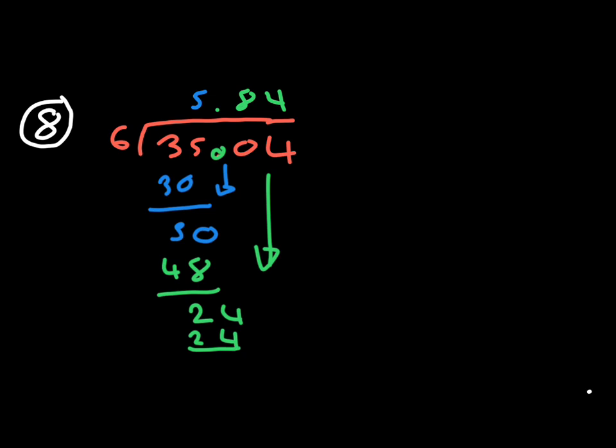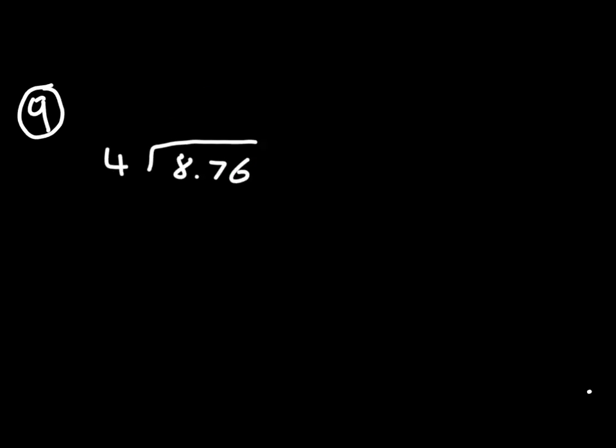And we can subtract these from each other, and that gives us 0. And we have no numbers left to bring down. Therefore, our final answer for question number 8 is 5.84.